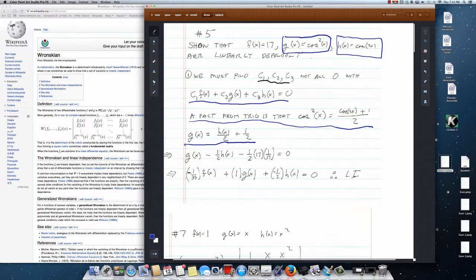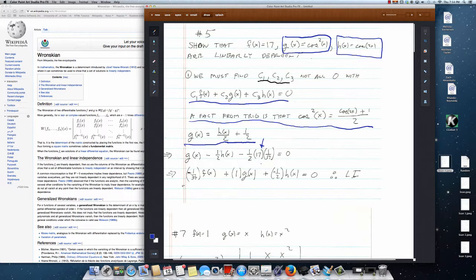Well then, that means that g of x minus 1/2 h of x minus 1/2 times 17 times 1 over 17 equals 0. What I've done there is I've simply brought the function f of x into the mix by writing it as 17, then dividing by 17, effectively not changing the value of 1/2.